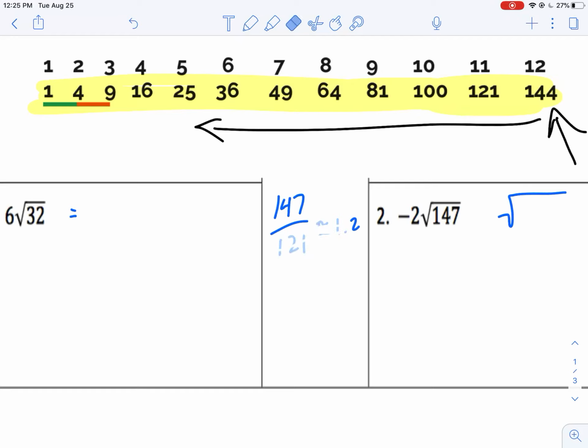That's not going to work. That's not a whole number. 147 divided by 100, 1.47 doesn't work. That's not going to work.